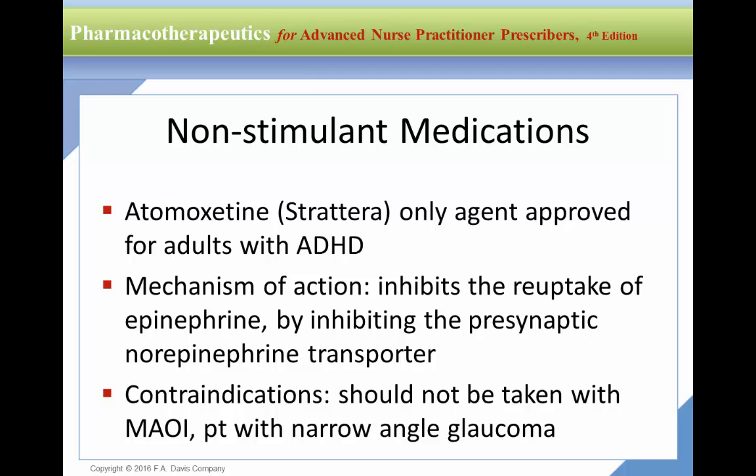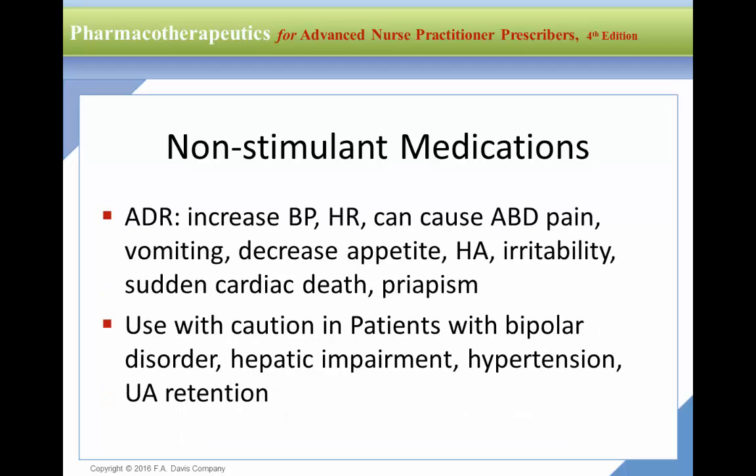And the contraindication, again, is patients with cardiovascular disorders. Patients cannot take this medication with another stimulant or another medication that could increase norepinephrine, one of them being monoamine oxidase inhibitors, and not even in narrow angle glaucoma, because you would have sympathomimetic effects.